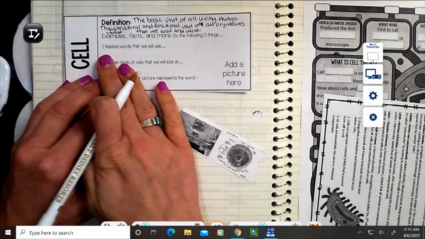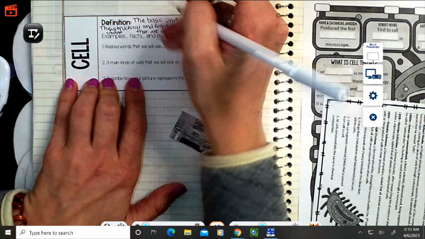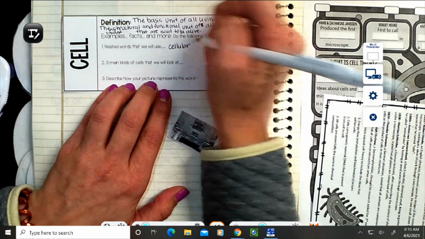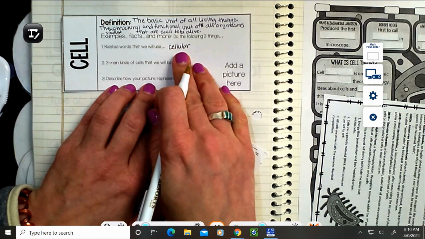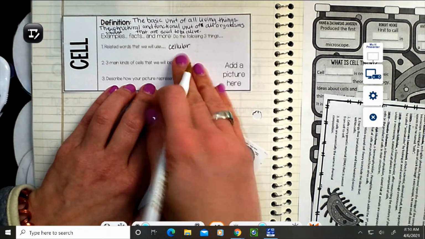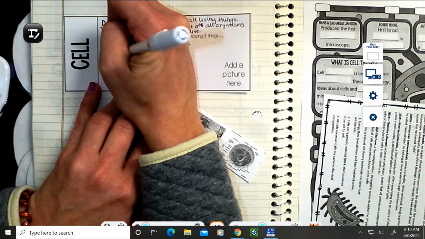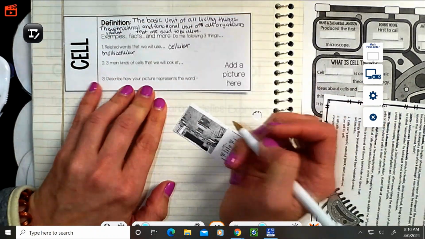So all of the related words that we're going to use, we'll use the word cell, then cellular. Now that's not like your cellular telephone or your cell phone. This means about the cell or of the cell or cell-like. We're going to use multicellular. It means made of more than one cell.